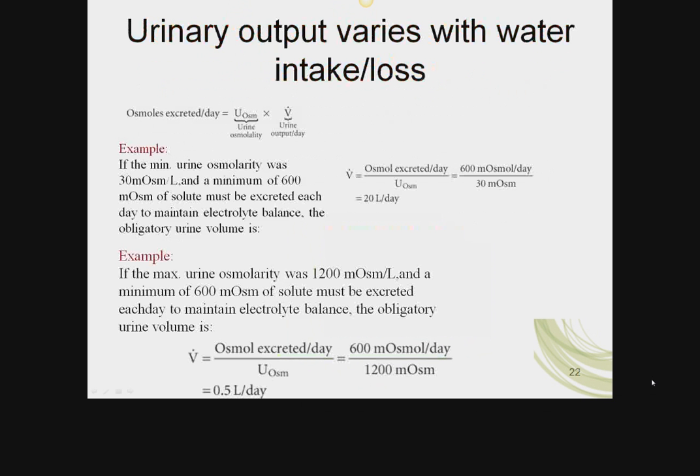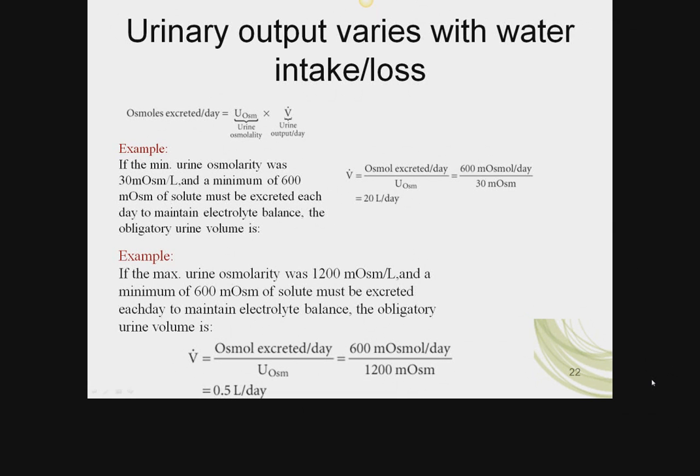We've seen this equation before. We can calculate excretion by taking the urine flow, which is the V with the dot over it, times the urine concentration of any solute we're interested in.